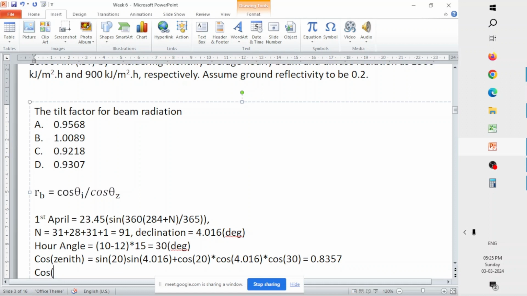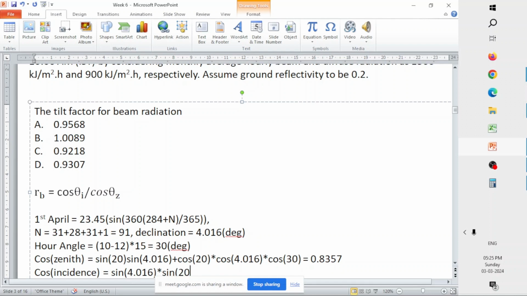So we know now cos of theta z, and we are supposed to calculate cos of theta i. So cos of incidence, that formula is sine of your declination angle multiplied by sine of phi minus beta.